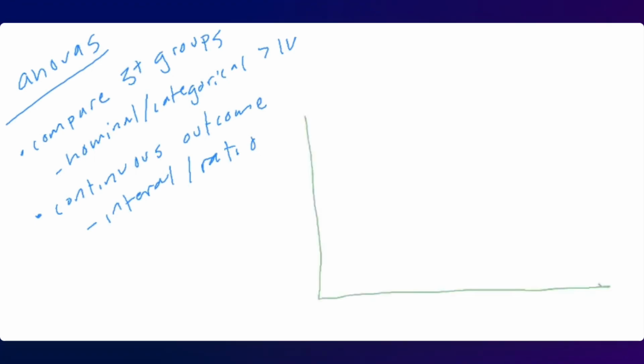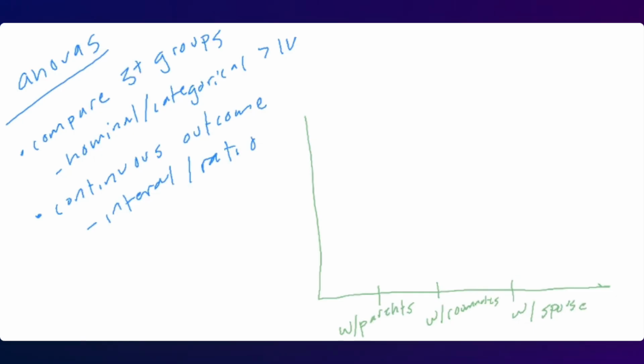Okay, so an ANOVA is like a t-test. All right, we would have a graph. We would have 3 or more groups. Let's see, what do we want to compare here? We don't want to keep my same old, so let's go for different housing situations. Okay, so let's say people living with parents or with family, with roommates, with spouse.